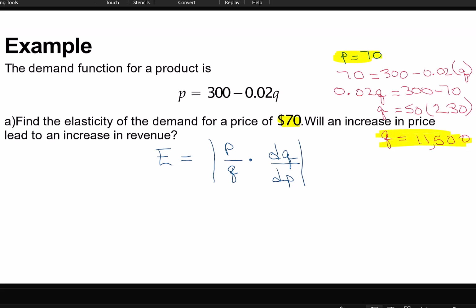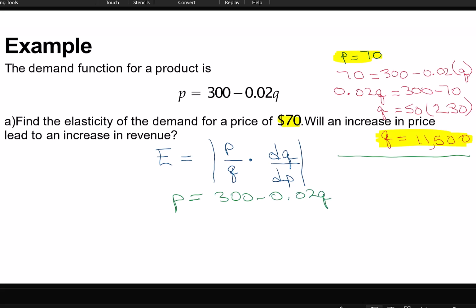Now I have my P and Q. The other thing I need is the derivative of Q with respect to P. First thing I'm going to do is start with P equals 300 minus 0.02Q.